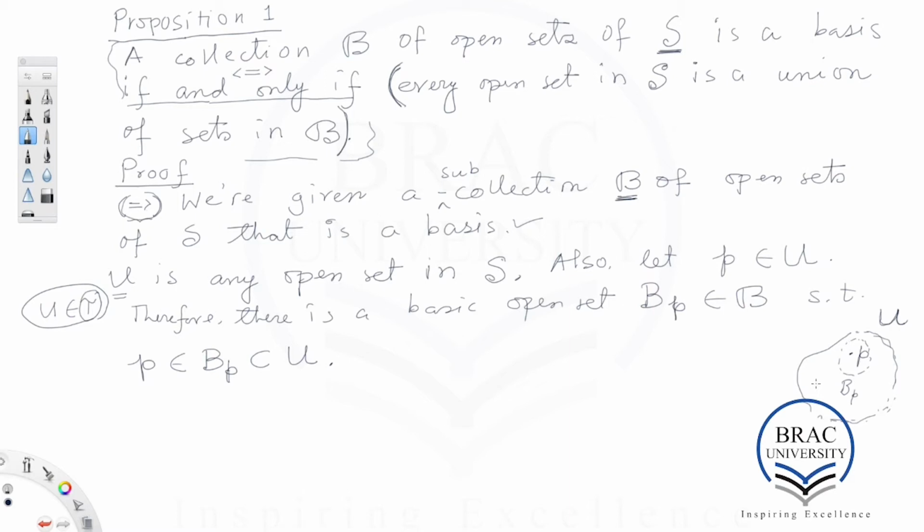So now you can immediately see by a set theoretic argument that the union of all these basic open sets, as you vary P in this open set U, say that we choose another point here and take the corresponding basic open set, as we move along other points of this open set U and take all the unions of those basic open sets, has to be contained in U.